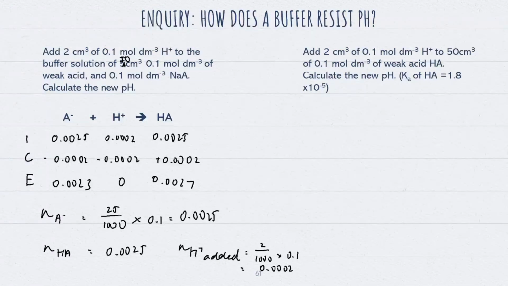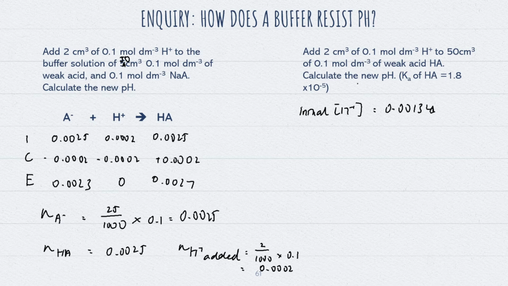Okay, so on the right hand side, what do I have here? We have a weak acid with a certain H plus concentration at the start. If you scroll back a few minutes, the initial H plus concentration was 0.00134, and now when we add 2 cm cube of strong acid to the solution, the number of moles of H plus should rise.